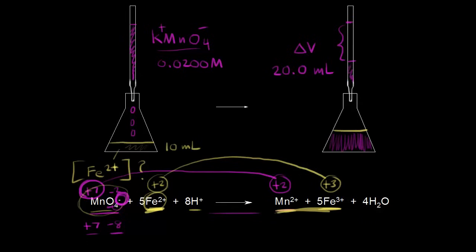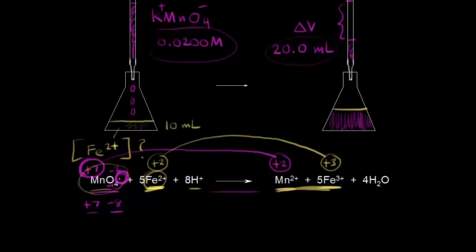Our goal was to find the concentration of iron 2+. To do that, we could figure out how many moles of permanganate were necessary to completely react with our iron 2+. And we could figure out moles from molarity and volume.